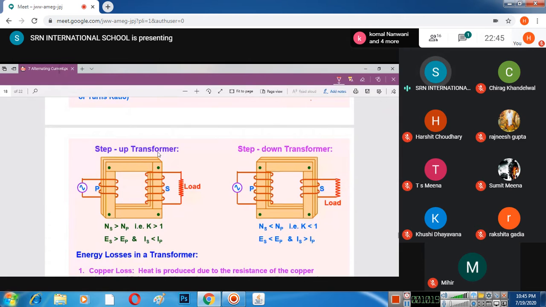Now a question must be coming into your mind, that this transformer is violating the law of conservation of energy. Yes or no?